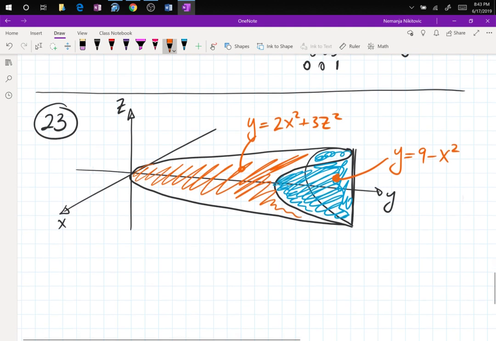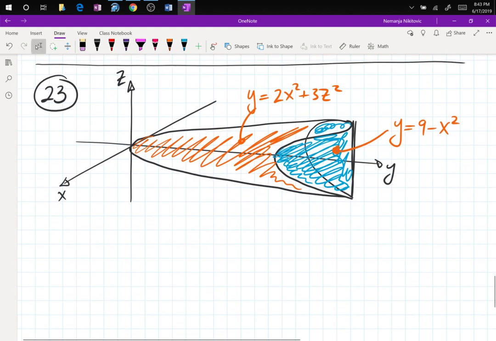Now this is all that's given to us. So what should I do? The first thing you do is you know that most likely, this is not 100%, but most likely you're going to have a triple integral that is dy, let's say dz dx.